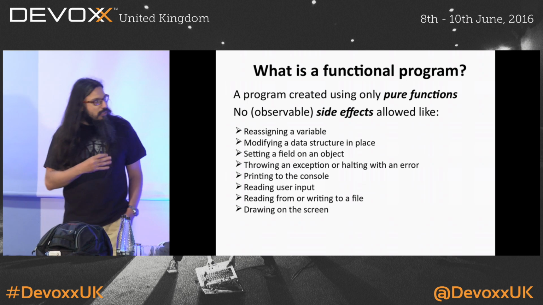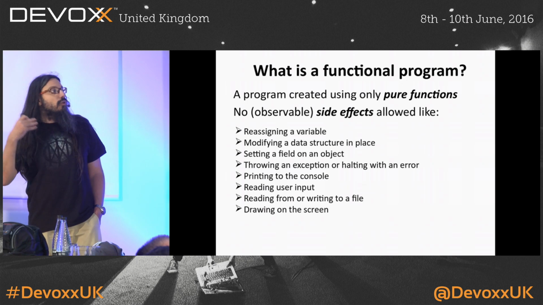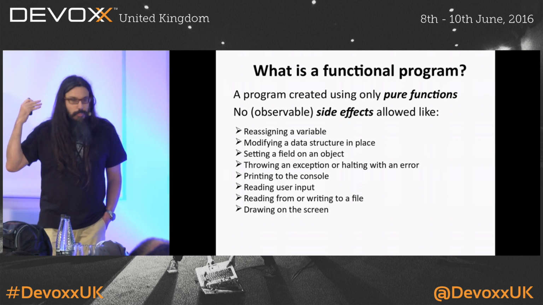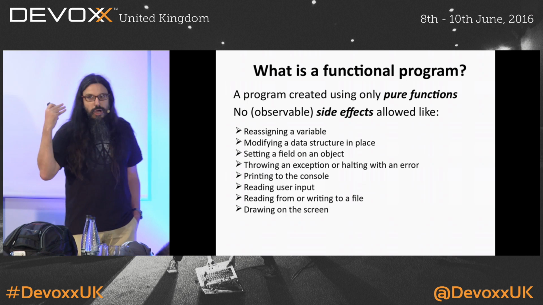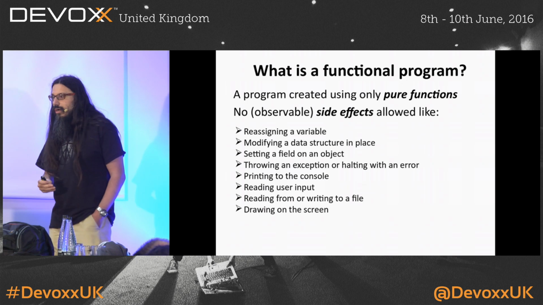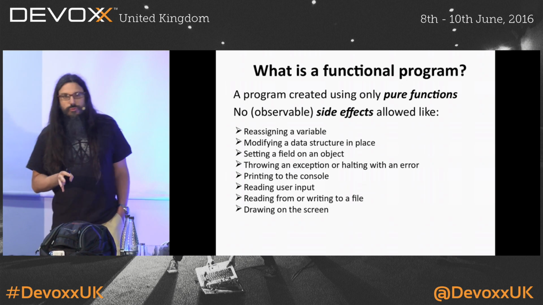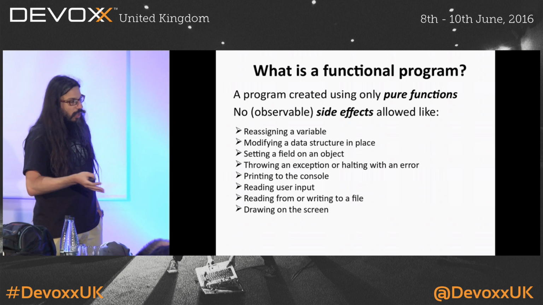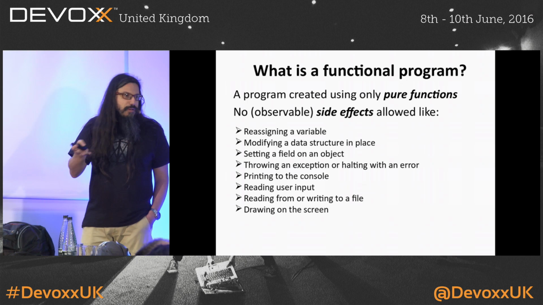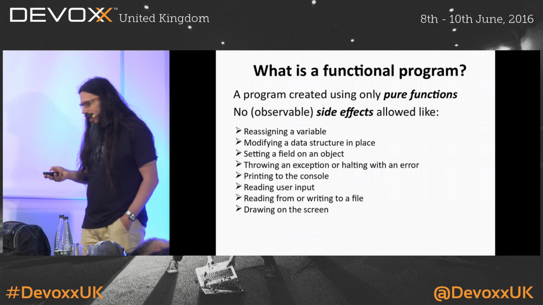You are not allowed to reassign a variable, to modify a data structure in place, to set the value of a field of an object, throw an exception, print something to the console, or take the user input, or draw something on the screen, or write something to a file. And if you do this 100%, it means that you actually have just one side effect, that is warming up your CPU. That's the only effect.